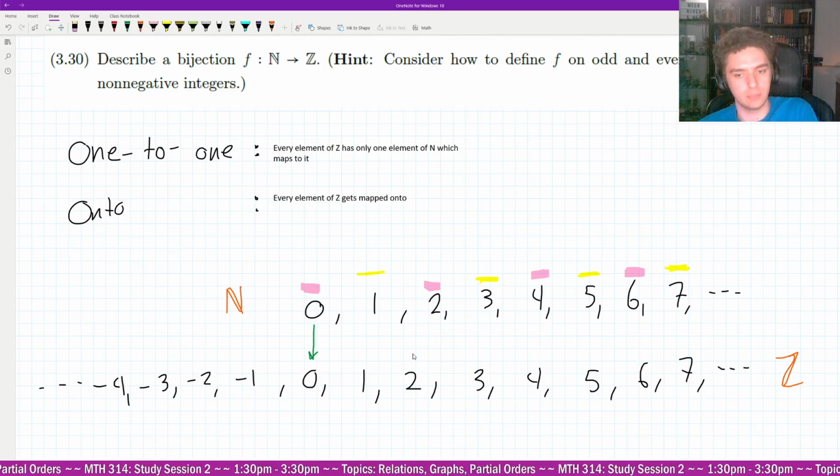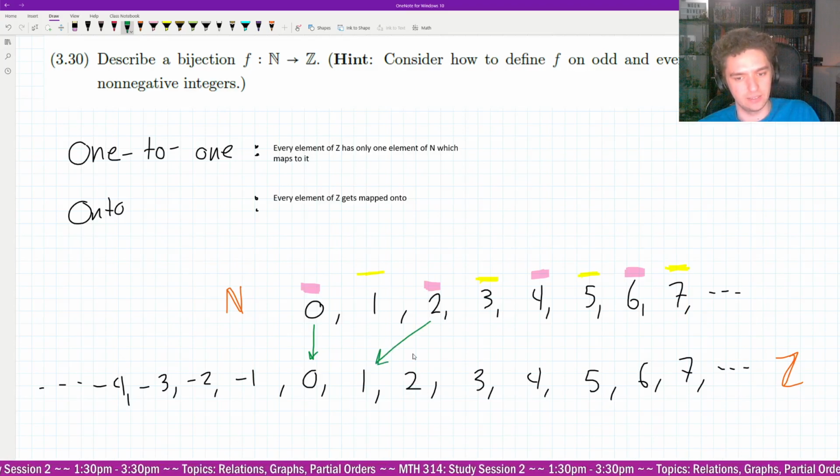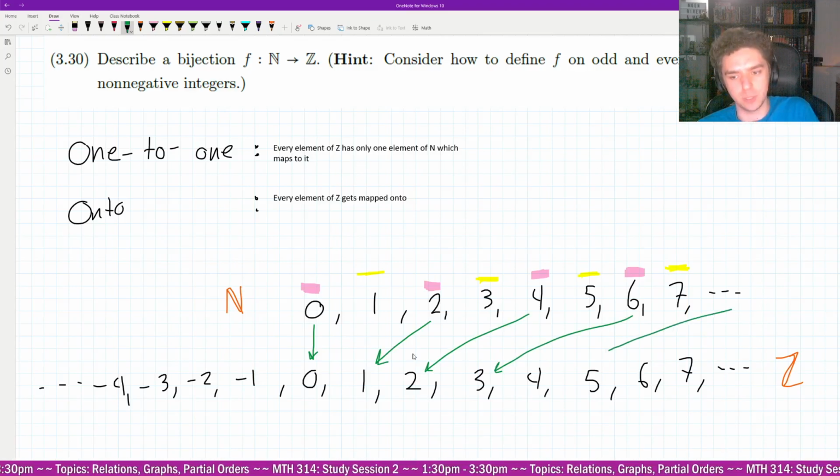Let me explain what I'm saying here. 0 will go to the 0th number in Z, the positive Z. 2, which is the second even number in N, will go to the first positive number in Z. So we're going to go here. 4 will go to 2, 6 will go to 3, 8 would go to 4.